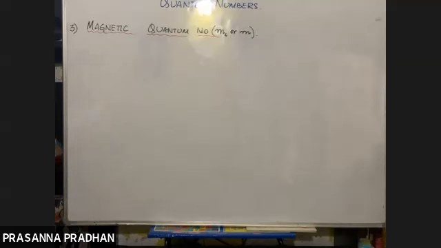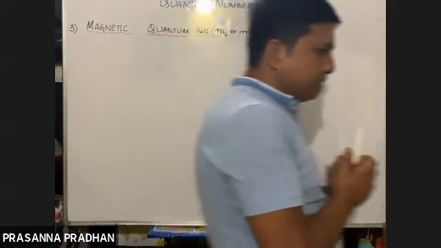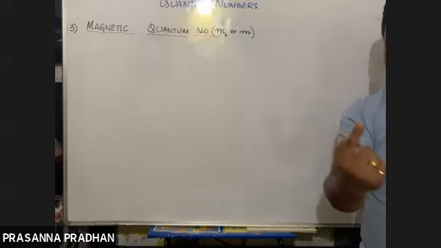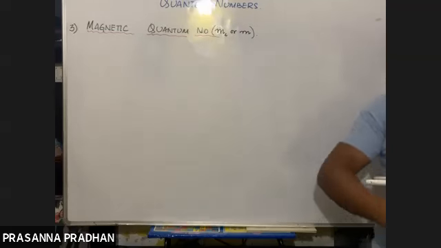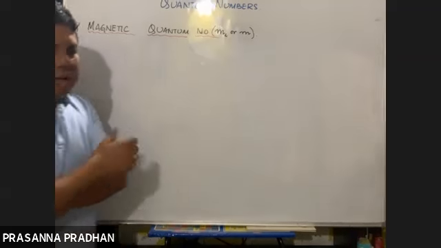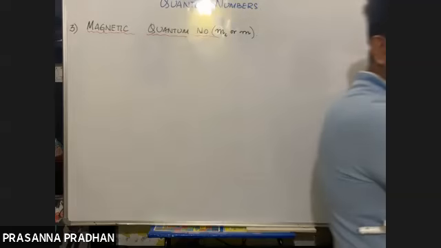You must have studied in physics that when a current revolves around a circular path like this, it generates a magnetic field. Very good. The electron is also charged. It has some charge associated with it.